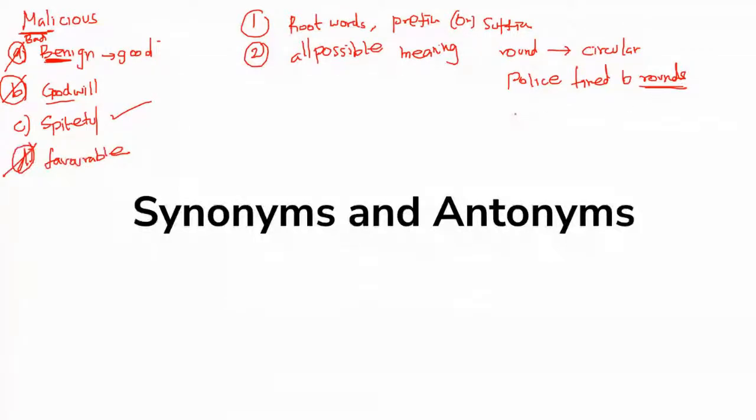And second one, for example, he worked round the clock. In the second sentence, round the clock refers to working 24 hours a day. So in both the cases, we will be trying to find out all the possible meanings. That is what the second point refers to.